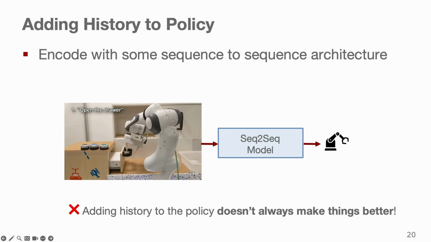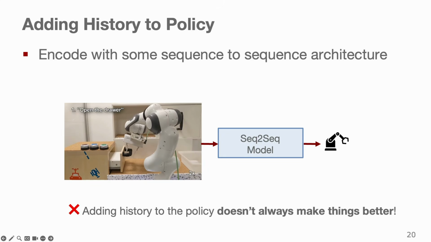So our first idea to fix this would be, well, let's just add history to our policy, right? It's very simple. Instead of just taking 1 frame of the current time step, we can just take the last 5 or 10 frames and then train our policy exactly the same way using our favorite sequence-to-sequence model, right? You can take an LSTM, RNN, transformer, whatever, process the last n frames and then train the same thing with behavior cloning.